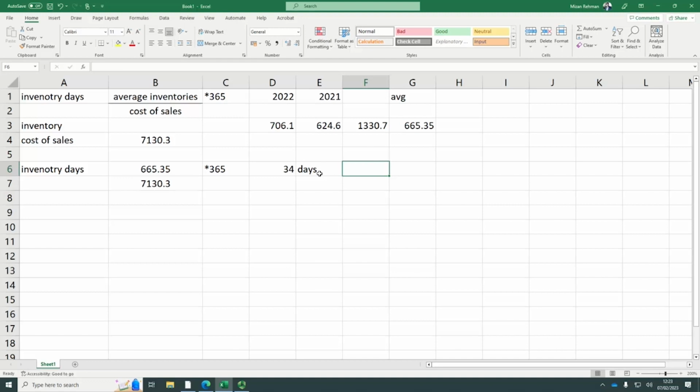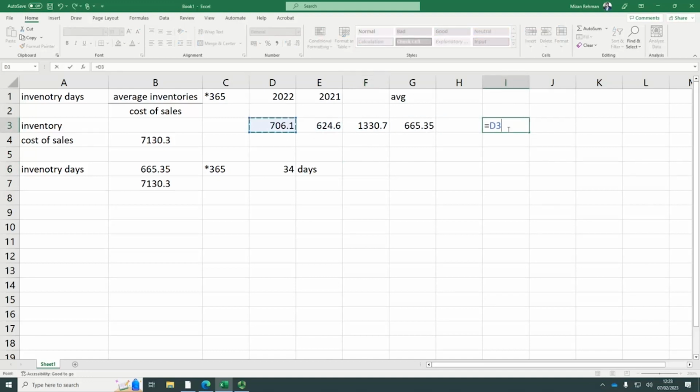A few other things which can help us to understand this ratio a bit more is, number one, if you look at the percentage change between 22 and 21, you see that it's 81.5. So if you do a percentage change divided by base year, 2021 is the base year. Earlier year is always the base year.